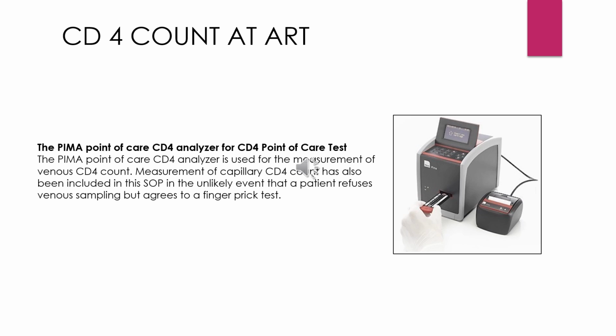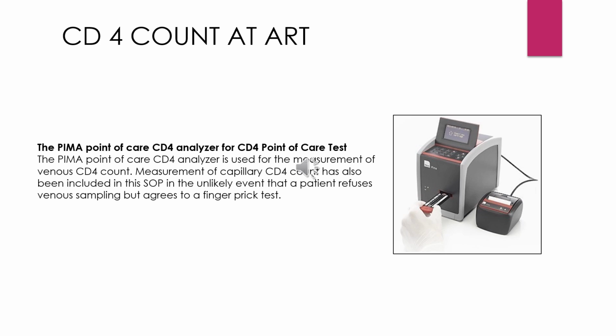CD4 counts are offered through the PIMA point of care CD4 analyzer, and it's a point of care test, and again the test is done on cassettes. Capillary blood or a venous sample can be used, and there are slight differences in the procedures. These are also provided at ARTs.